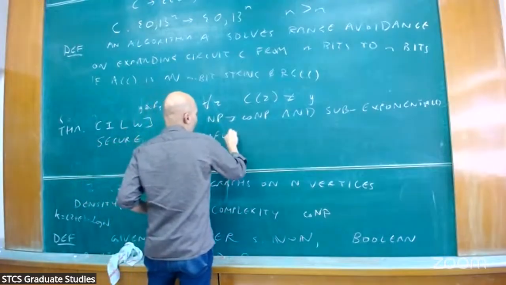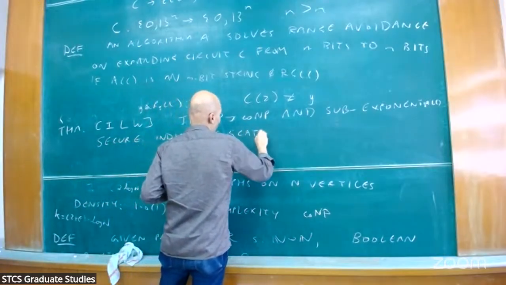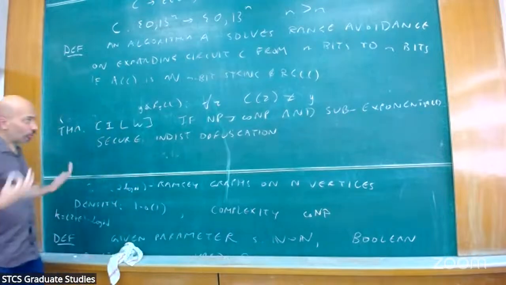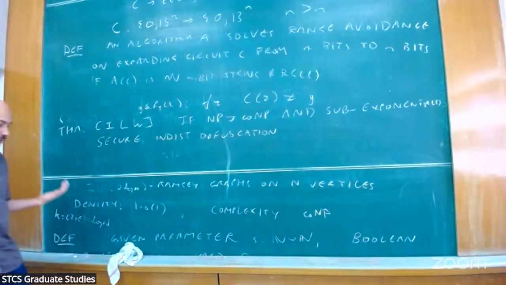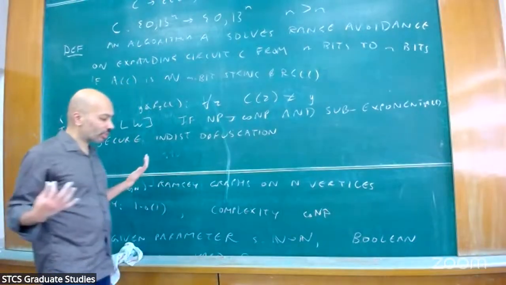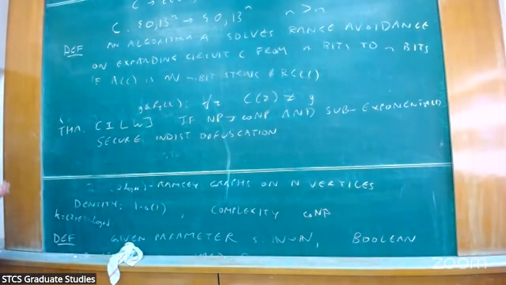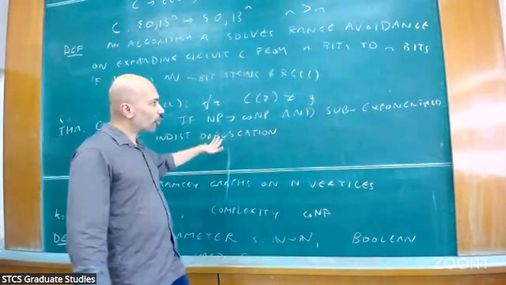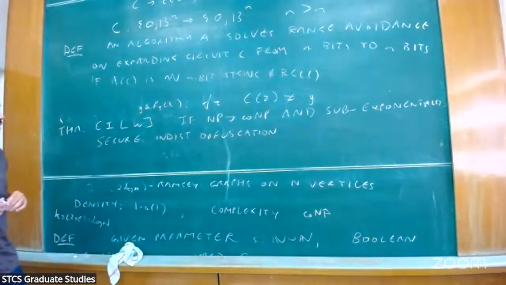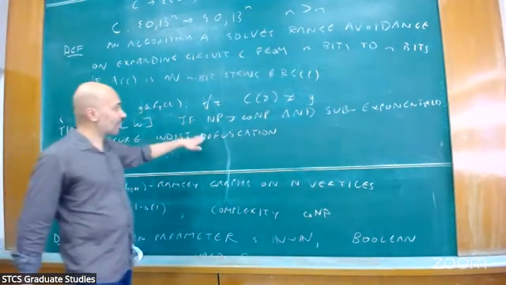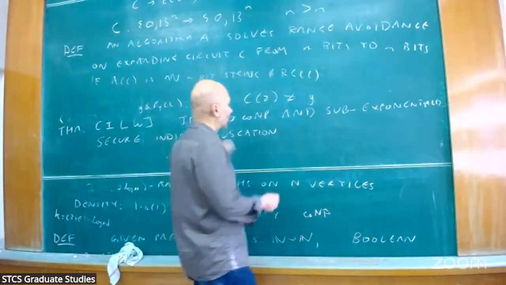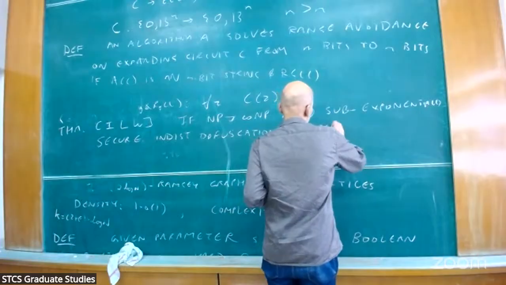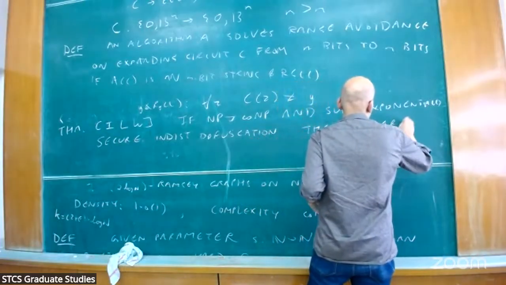This is a cryptographic primitive that's been studied quite a lot recently, and there's strong evidence given for it now. In cryptography you have many primitives like one-way functions, trapdoor functions, and so on. Indistinguishability obfuscation is a really powerful primitive, and it's now been shown to exist under reasonably standard hardness assumptions. So if this somewhat standard crypto primitive exists, and you have this complexity separation, then there's no efficient algorithm for range avoidance.